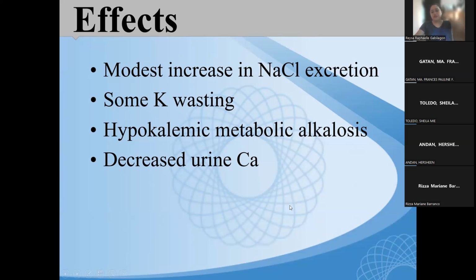So this is just a modest increase in the urine volume. There is still some potassium wasting though, and there will be hypokalemic metabolic alkalosis, which is due to the increase in the excretion of potassium.